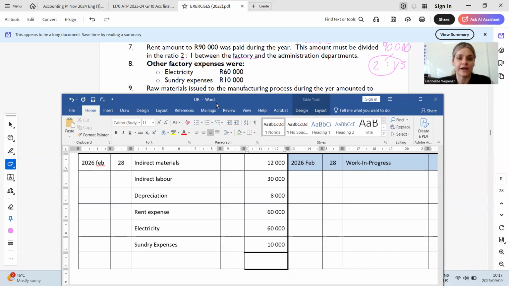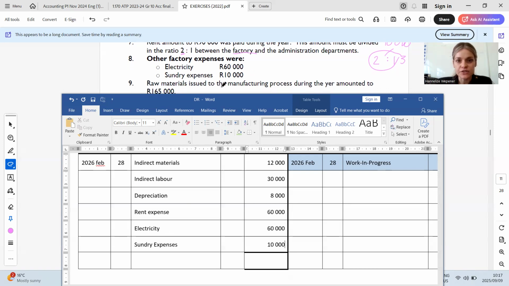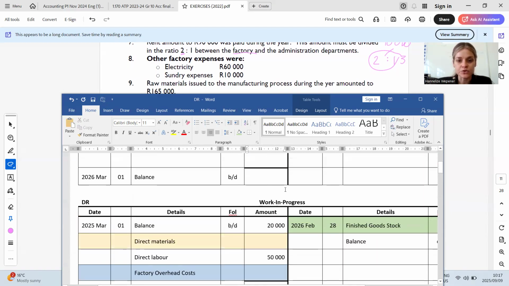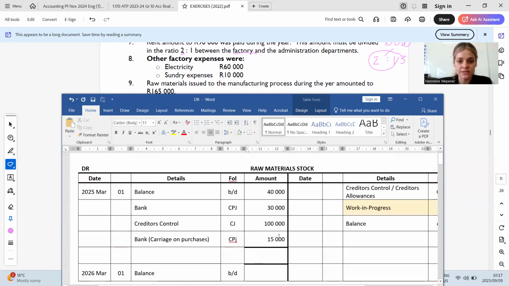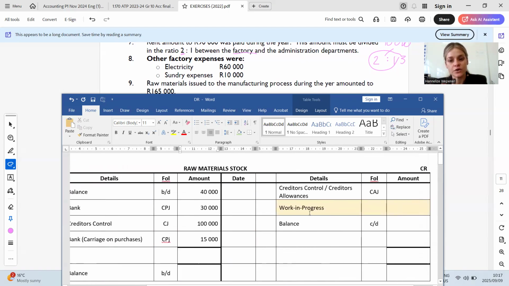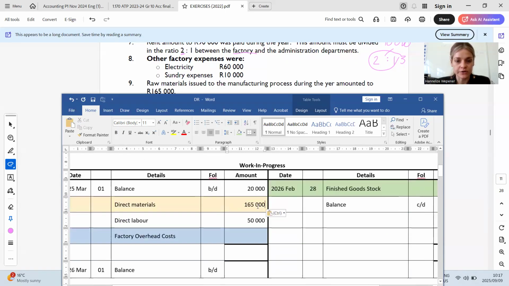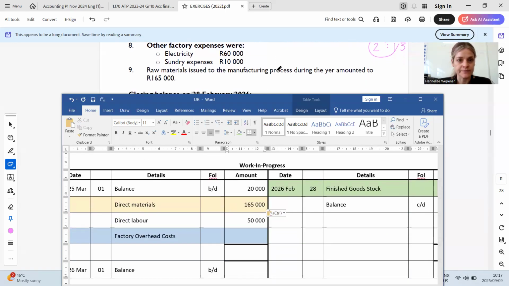It says it's for factory, so full amounts. Right, then the raw materials issued to the manufacturing process during the year. In other words, raw materials purchased that I've now started working on during the year is 165,000. So this was issued to work in progress. I've started working on that.